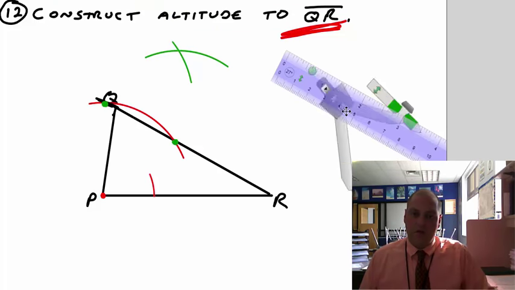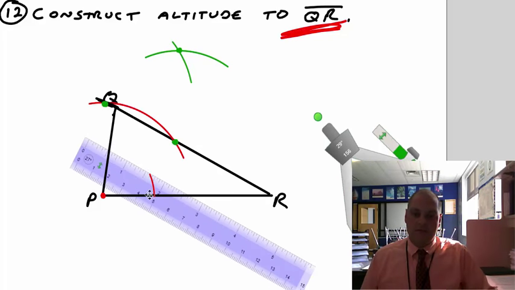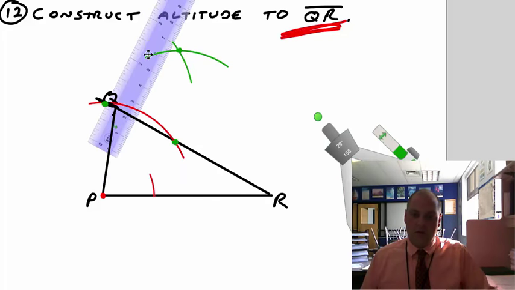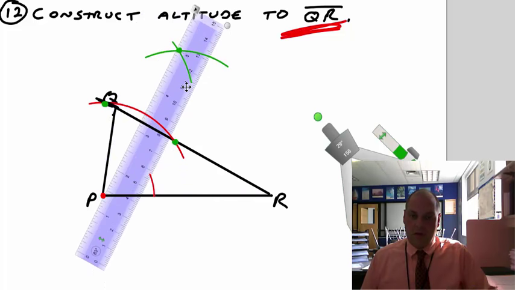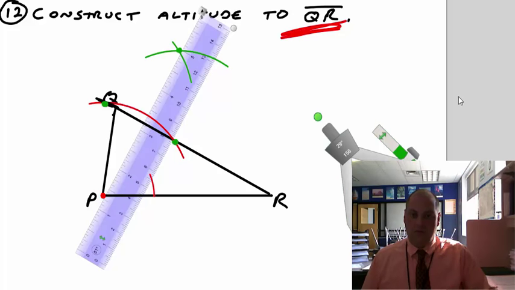There we go. So we basically did a perpendicular. We're going to connect those with our straight edge. Line those up nice, and connect.